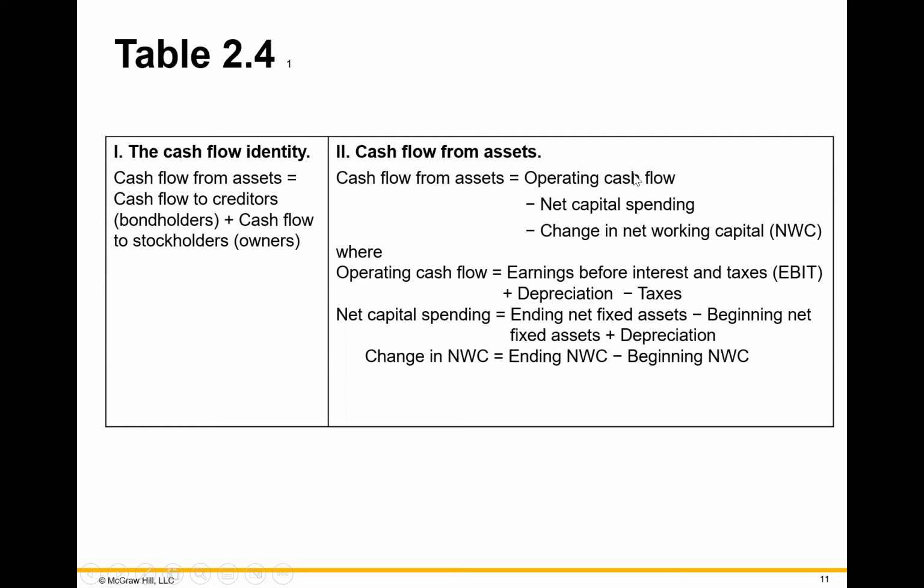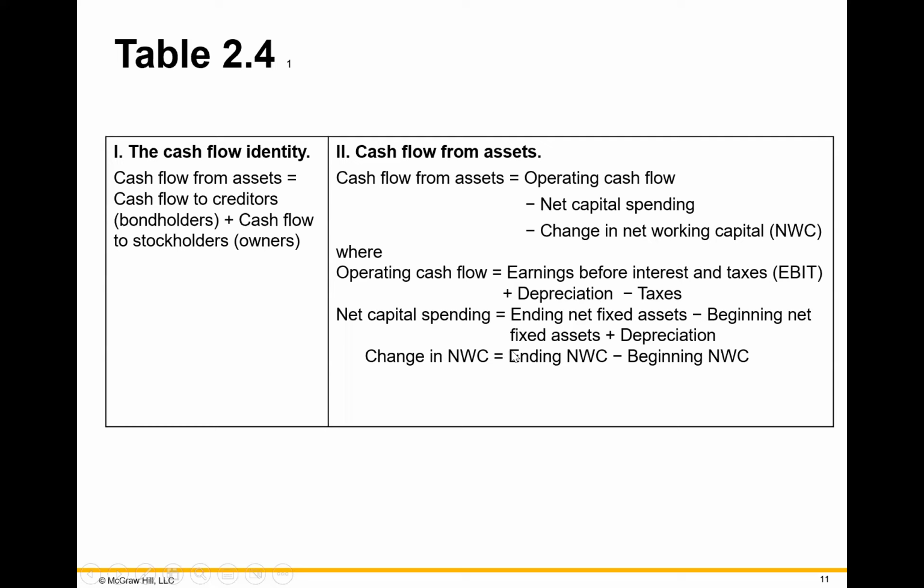Well, notice that operating cash flow, they may not give it to you directly, but they may give you the EBIT, earnings before interest and taxes, depreciation, and the taxes. So let's say they gave you net capital spending and change in net working capital, but they did not give you operating cash flow. But they did give you EBIT, depreciation, and taxes. So you can calculate that piece, get the number, put it here, and then calculate that.